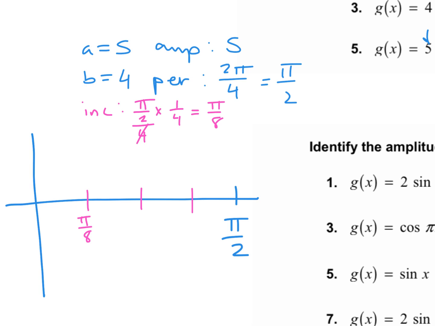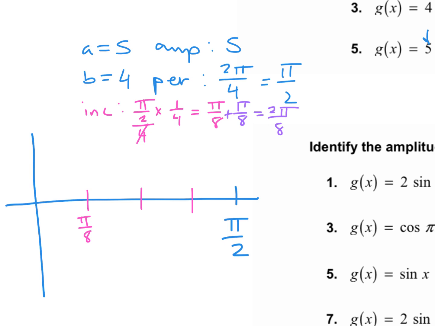How do we find the second one? Add pi over 8 again. When adding, you need your denominators to be the same, and you just add the numerators together. So pi plus pi is 2 pi, and the 8 in our denominator stays on the bottom.